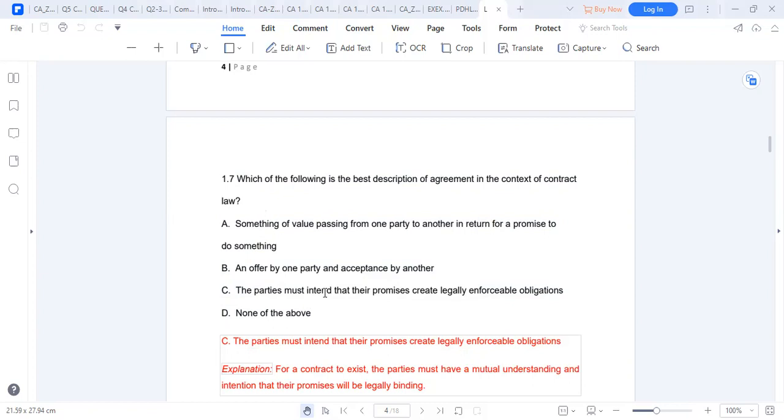B, an offer by one party to accept another. C, parties must intend their promises to create legally enforceable obligations. Then D, none of the above. But which one?